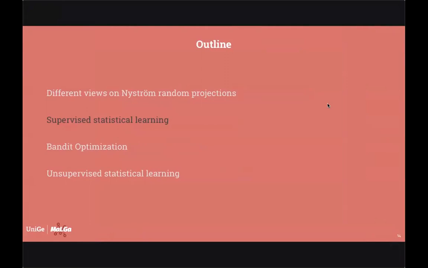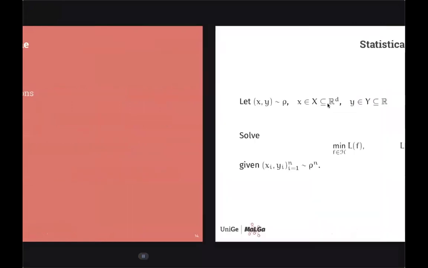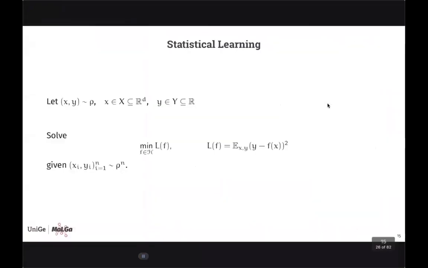All right, so the first context where I want to ask the question of what is the price I pay by doing this kind of projection is that of supervised statistical learning. Here, we assume to have input and output data, and the data to be sampled according to some probability distribution. We call it learning because we would like to minimize the error with respect to this distribution, in this case, the least square error.